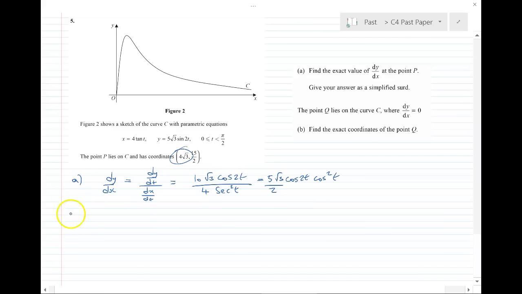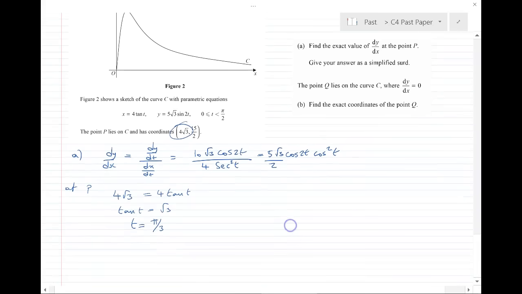So at P, we want to find the value of the parameter. So we have 4 root 3 is equal to 4 tan t. So that gives me tan t equals root 3. So inverse tan of that, we should know that, is pi over 3.